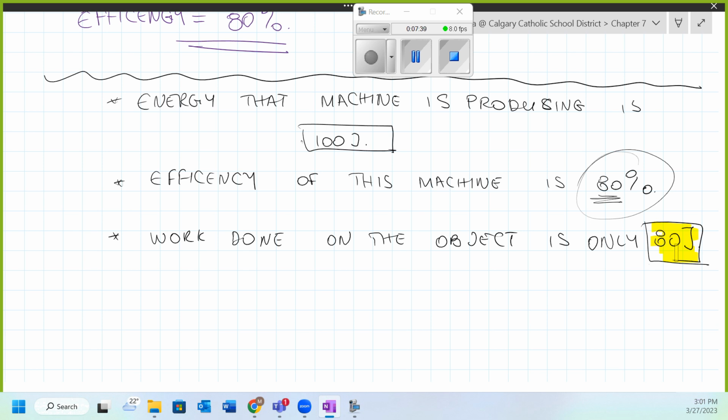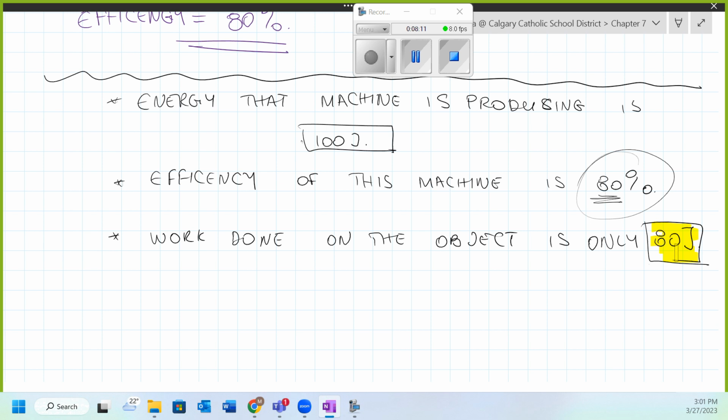So when you are talking about efficiency, keep in mind that the energy that the machine is producing is going to do some work. Now you compare the energy that the machine is producing with the work that is done on the object, and as a result of this, you find the efficiency.